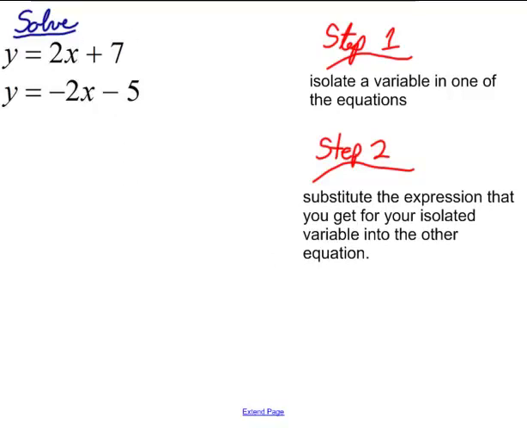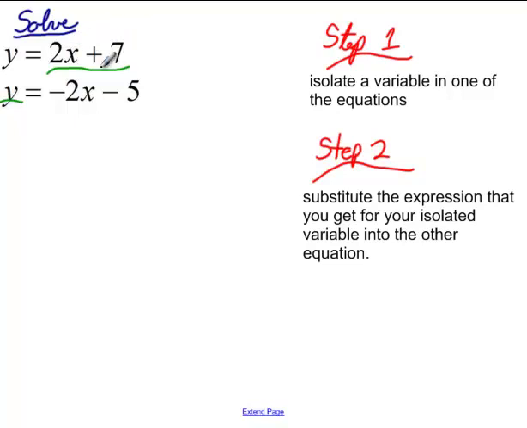So let's color code this. Let's say that right here I have y is equal to 2x plus 7. Since I know that y is equal to 2x plus 7, and that y is also equal to negative 2x minus 5, I'm going to take this expression. Remember, an expression is a combination of terms with an addition or subtraction sign.